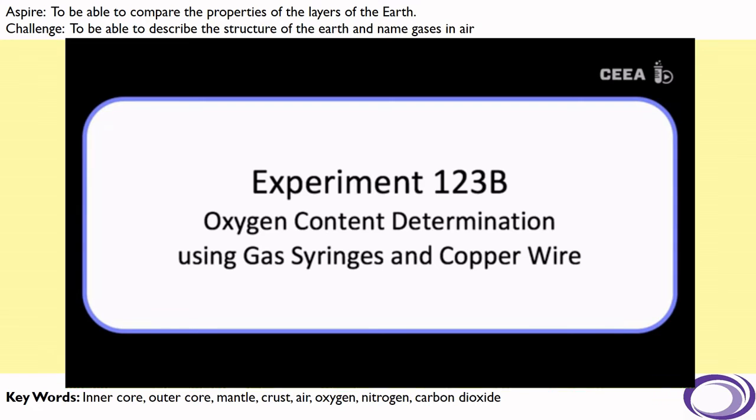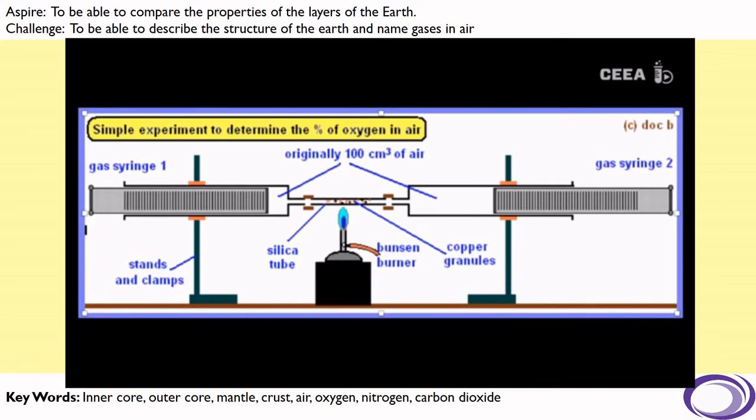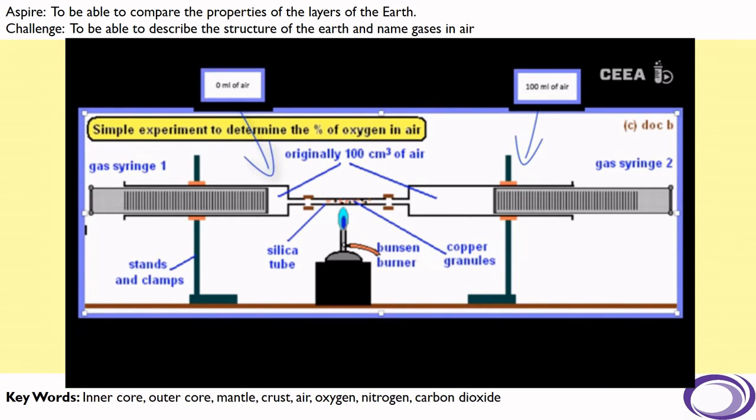Experiment 123B. Oxygen content determination using syringes and copper. We start with the overview of all products needed to do the experiment. The first syringe is filled with 100 milliliters of air. The other is at 0.